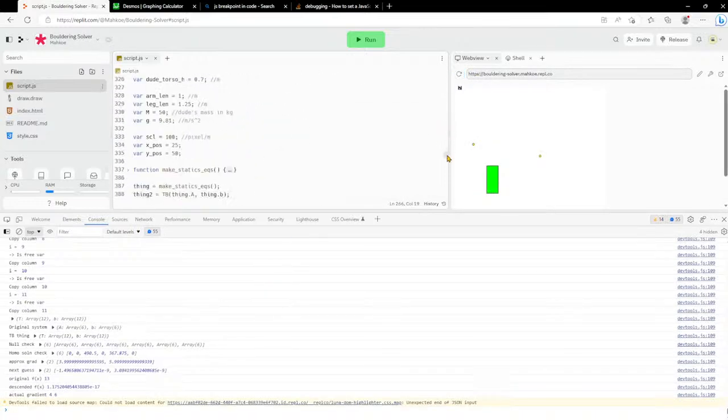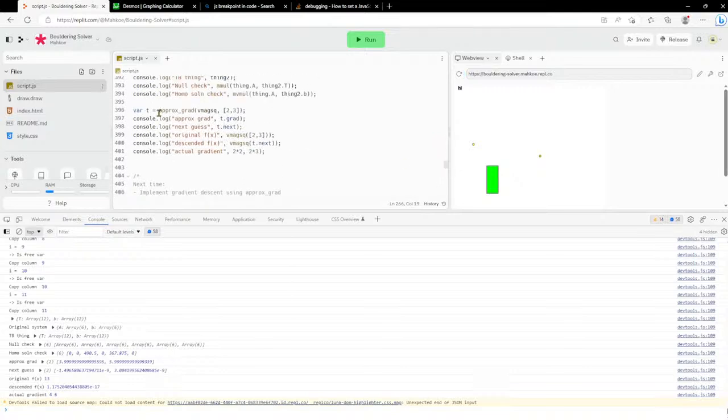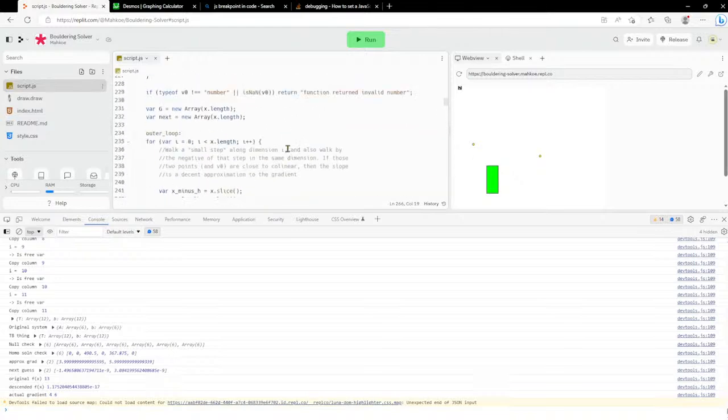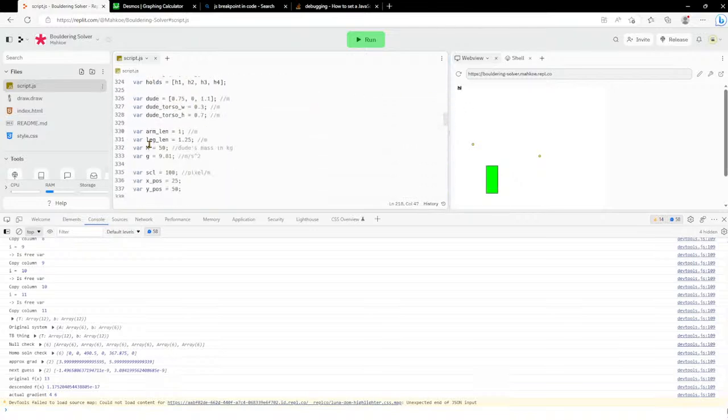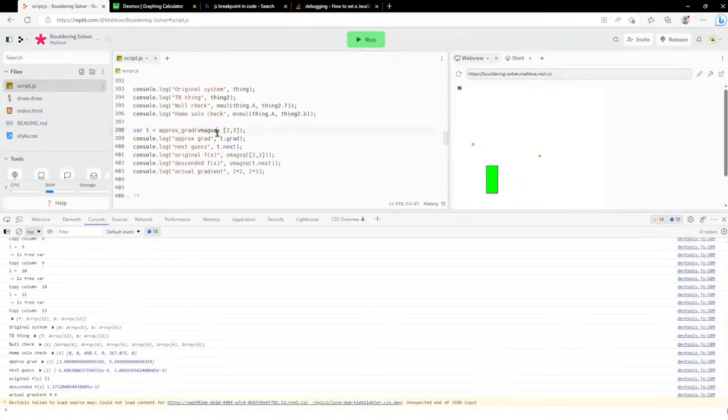Okay, and now, what happens if I do, oh yeah. Function vmag of x, return math.sqrt of vmag square of x. Okay, we'll go back here. Vmag. Shouldn't have got rid of that s.